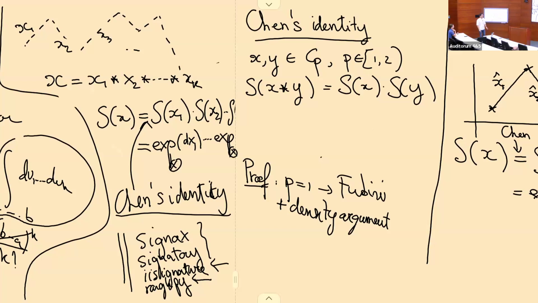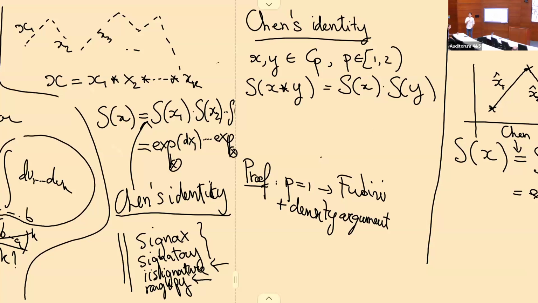Signax is actually currently actively maintained by a mathematician in Korea. It's a very lightweight, nice modern library based on JAX, and the other one, signatory, is not maintained anymore, and this is PyTorch based.